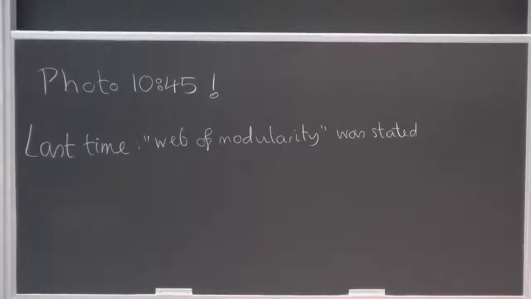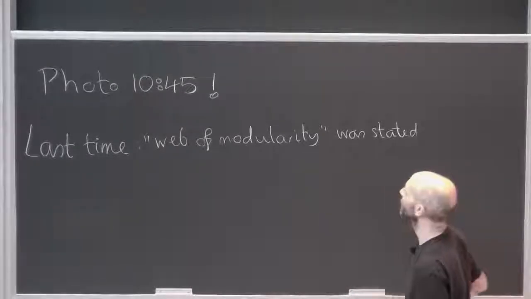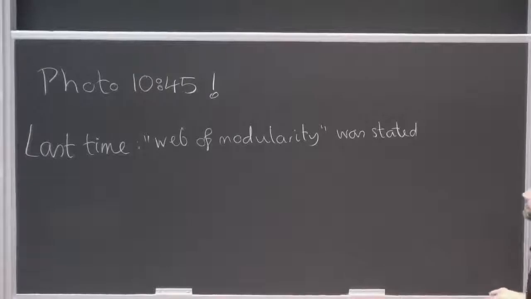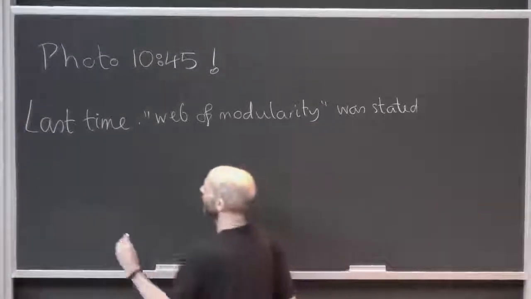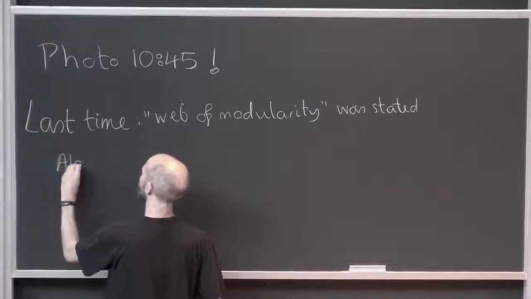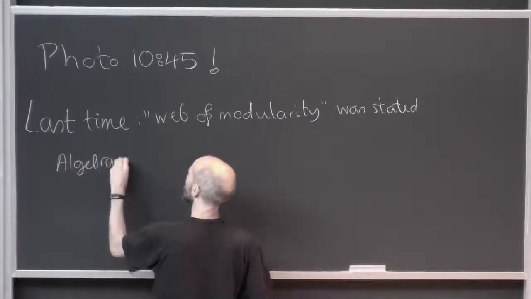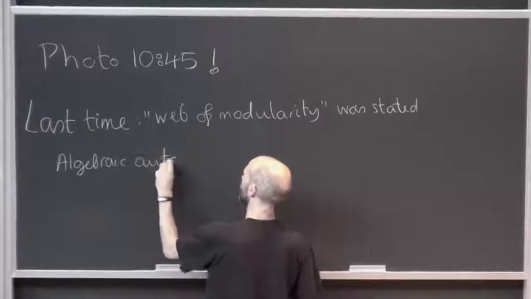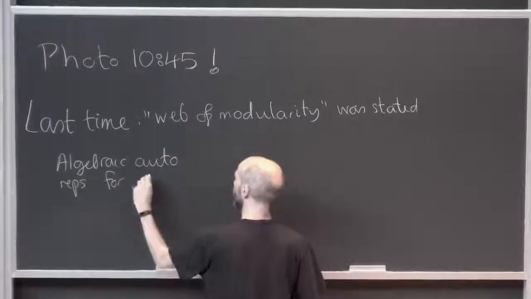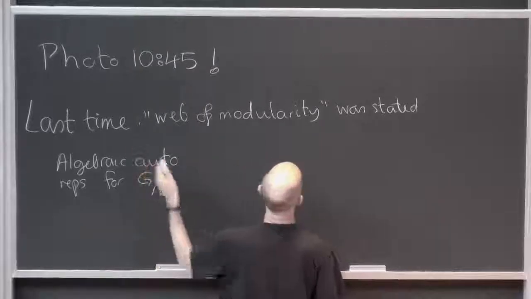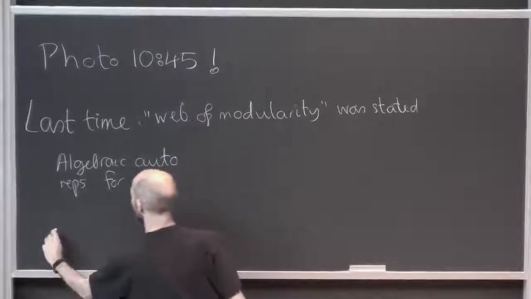I had some 3x2 thing, and several of the objects weren't even defined. But in the middle, there was something that actually made sense: algebraic automorphic representations for some G over K. So G is whatever. G is GLN if you like.